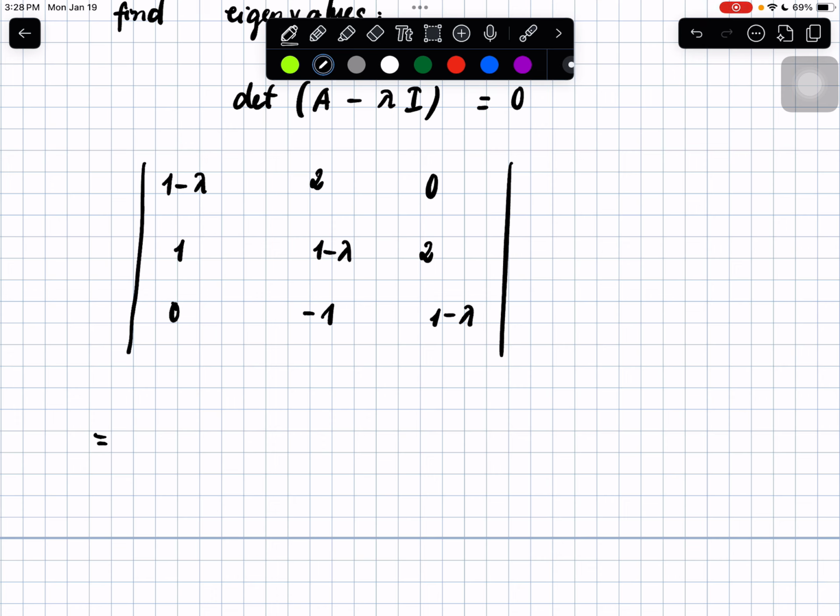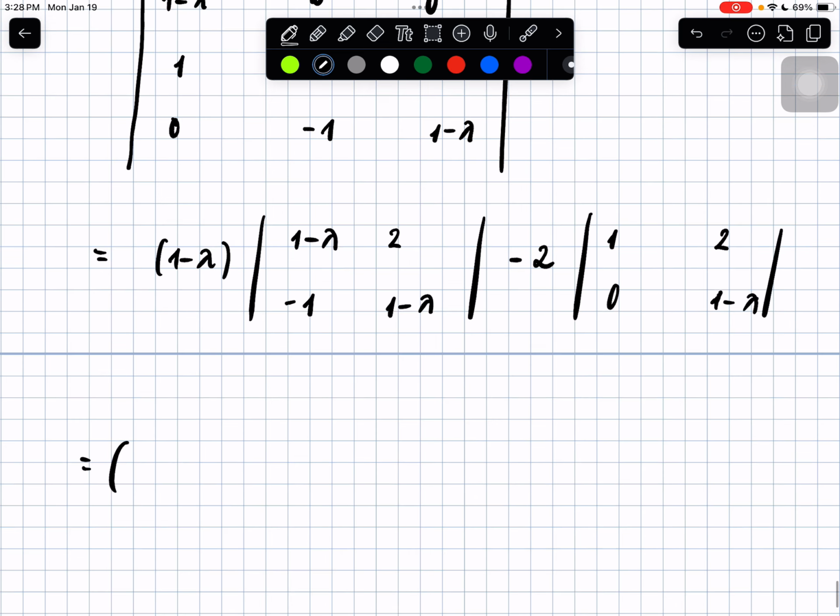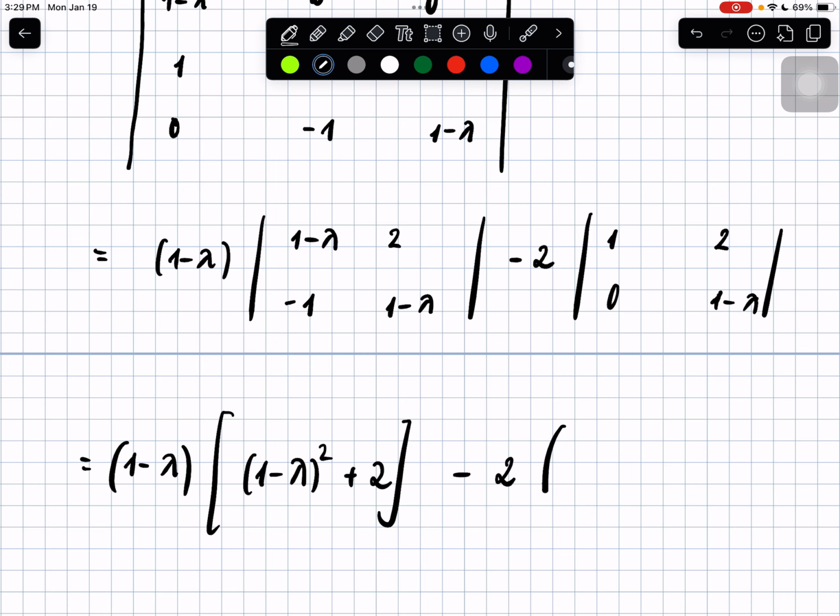Let's do cofactor expansion along the first row: 1 minus lambda times (1 minus lambda squared plus 2), minus 2 times (1 minus lambda).